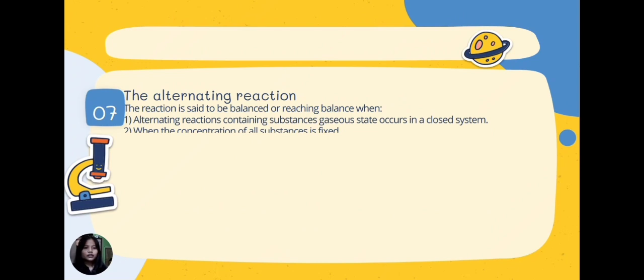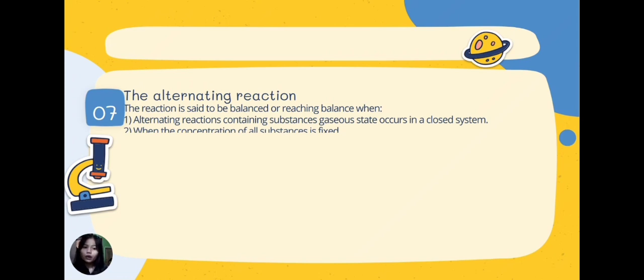Okay, next, the alternating reaction. The reaction is said to be in balance when: 1. The alternating reaction contains substances that dissolve and occurs in a closed system. 2. The concentration of all substances is fixed. 3.